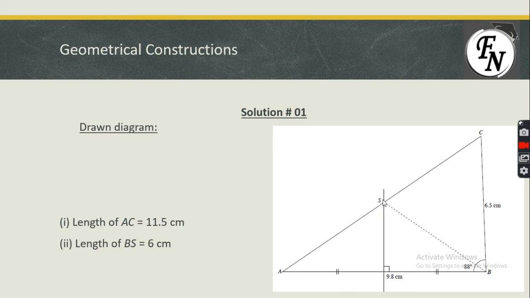Then we have drawn a line BS and measured its length as well, as it was asked in the second part of the question, that is 6 centimeter. And the length of AC was asked first, that is 11.5 centimeter.